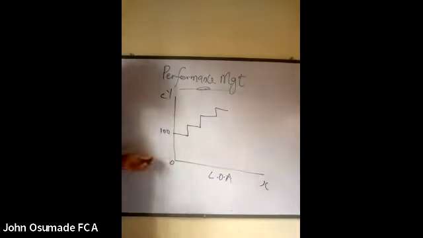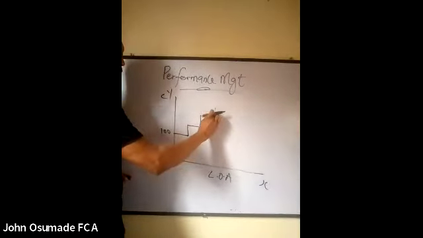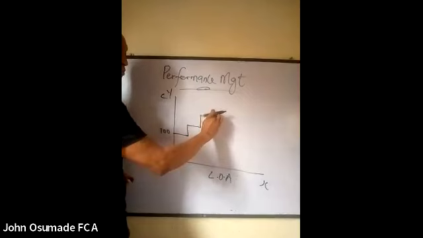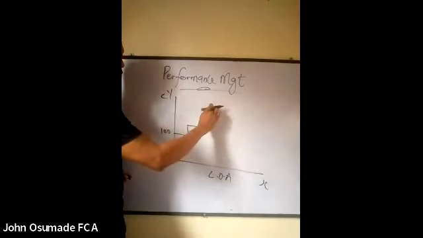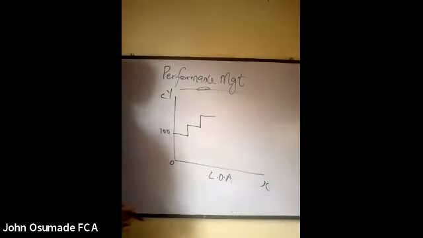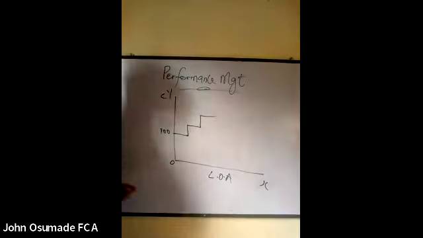Now, when you finish depreciating an asset, what will happen? It will come down. It will vary. It was fixed before, but immediately you stop depreciating, it comes down and clears up. So it's like coming down a staircase.